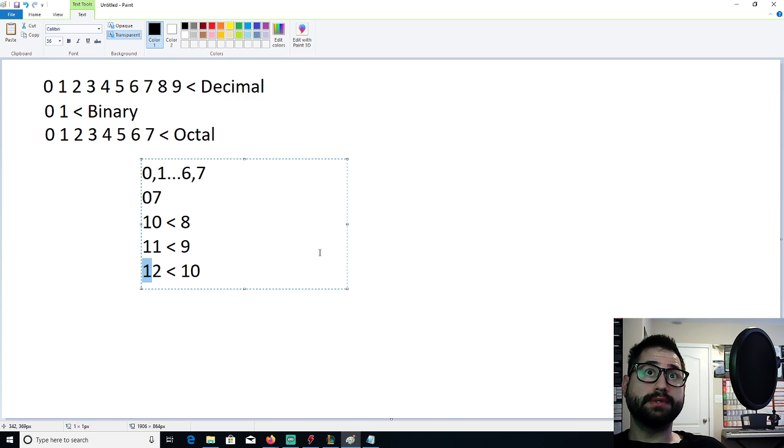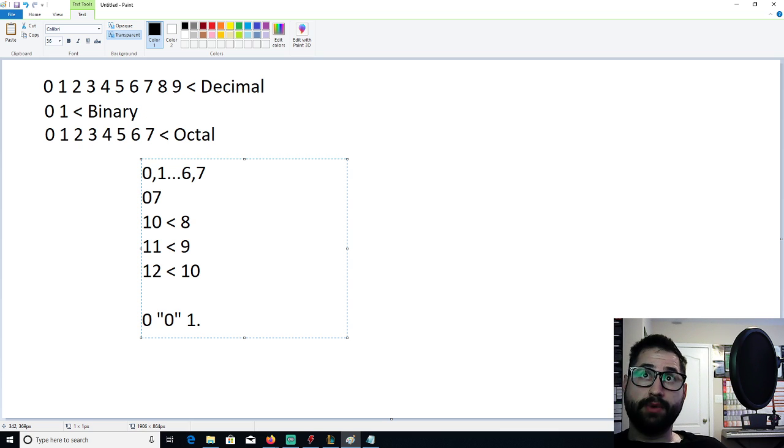So the thing that is always in common between all numbering systems is that the first digit in this column here is always your ones. That's common between any system, right?